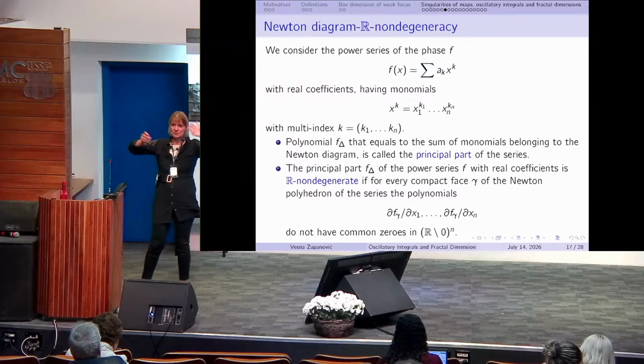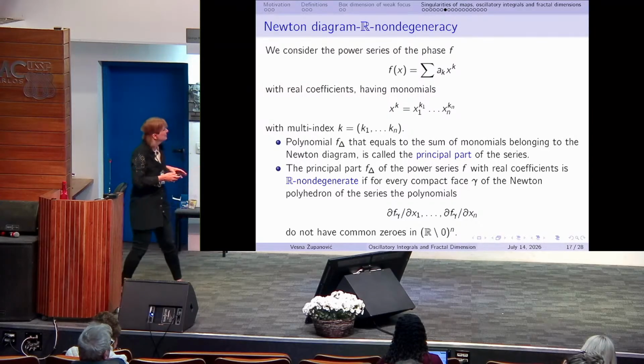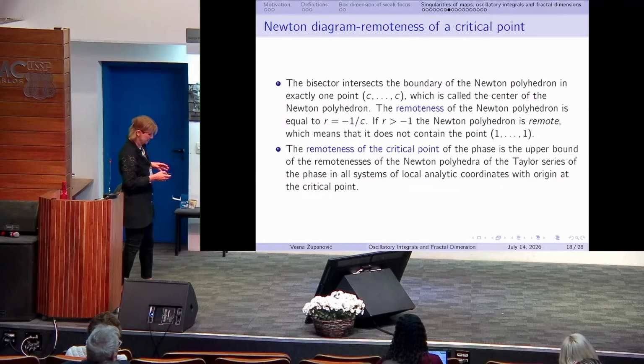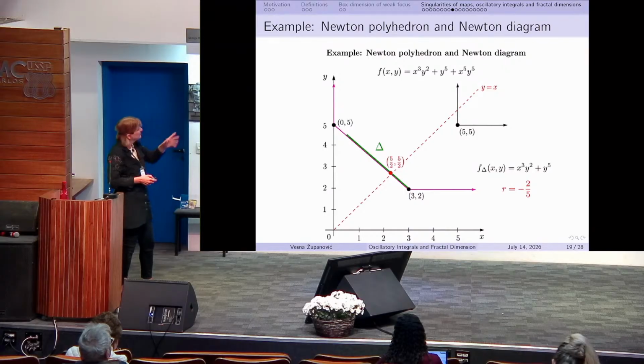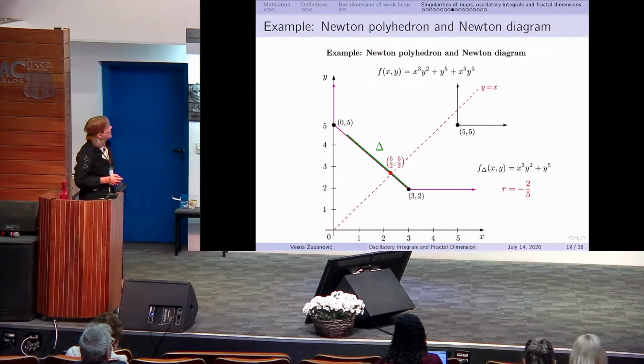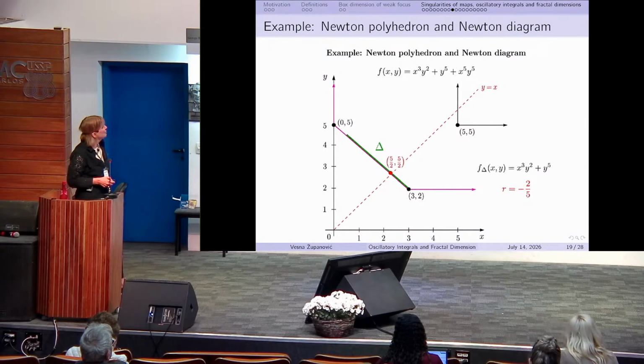Okay, you put your exponents. You have some map, you obtain here (3, 2), here is (0, 0), (0, 5), here is (5, 5), and you take something like this here, something like this here, and then the convex hull. And this is all of this.